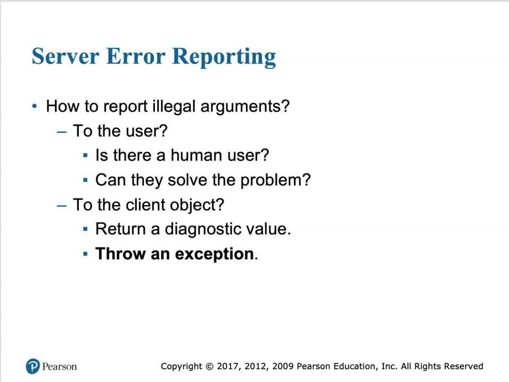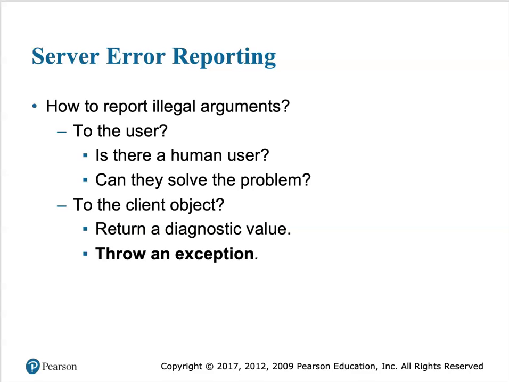But there's also the question of where the server object reports this error. Are we doing an app where there's someone pressing buttons and we can just report directly to the person looking at the screen? And even if we had someone looking at the screen, are they someone who could solve the problem? And if not, does that undermine the confidence in the system?